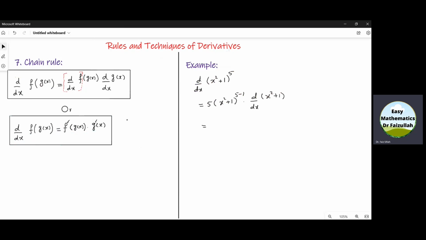Let us just simplify to get the solution. So we have x square plus 1 power 4 and the differentiation of x square is 2x plus differentiation of constant is 0. Let us simplify a little more. 2x will multiply here. 5 2s are 10x into x square plus 1 whole raised to the power 4, and that is the solution.